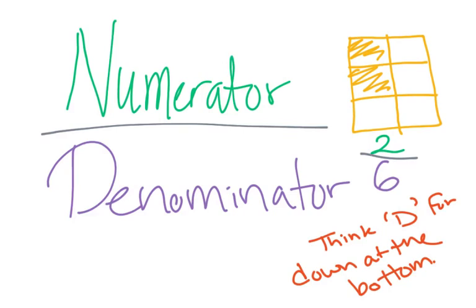It tells me how many I have. 1, 2. Out of 6 possible pieces that I could have had. I could have had this one, I could have had this one, could have had that one. That's 3 possible pieces. Could have had 6 possible pieces, but instead I only actually ate 2. So my fraction is 2/6.